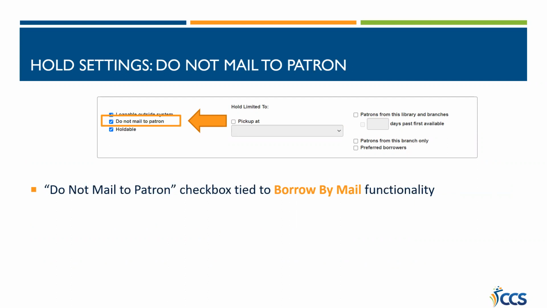The other checkbox setting you see here is a do not mail to patron setting. And this relates to what's called borrow by mail functionality. Out of the CCS libraries, Algonquin is the only library that offers borrow by mail. This is a service where, if the patron wants, the library will mail eligible items to those patrons instead of holding them at the library.